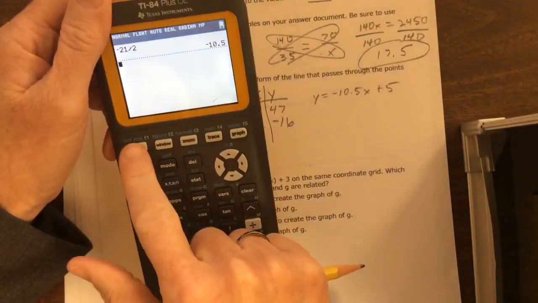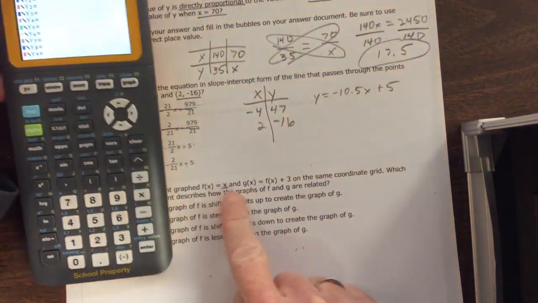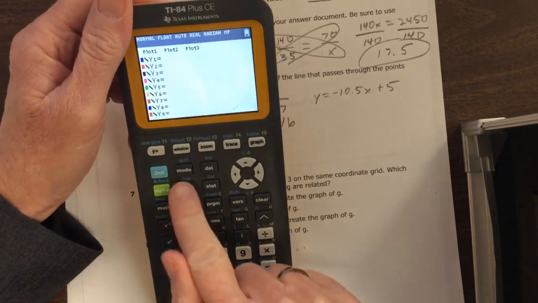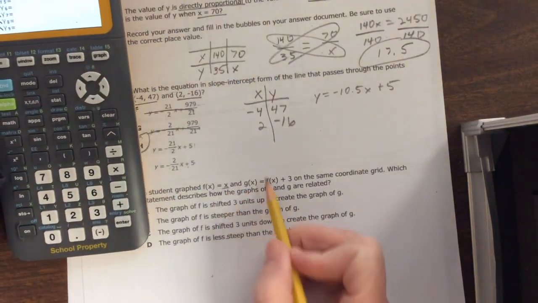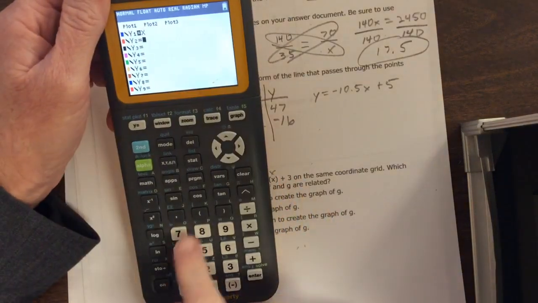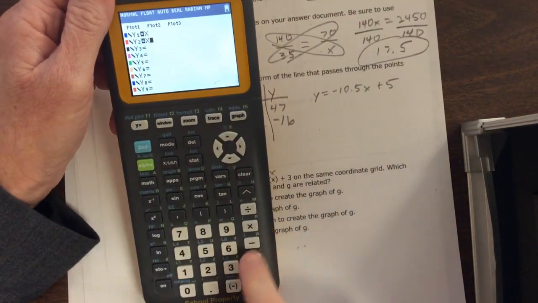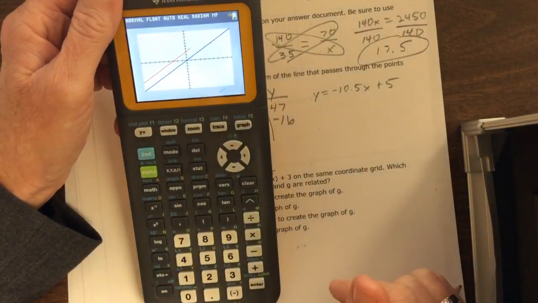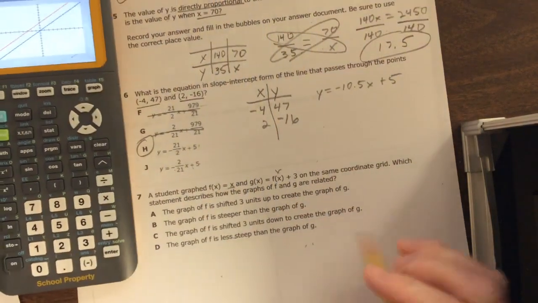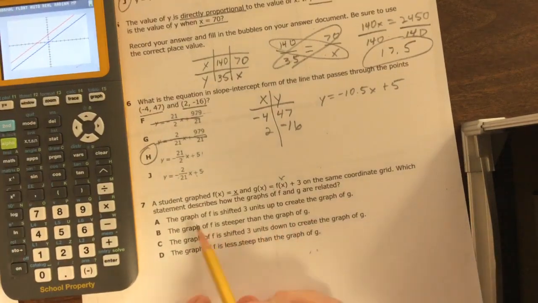And I'm going to do that now and see if that will work, because we know what it is. The first one is just x. The second one, f of x, is x plus 3. I'm going to just hit graph and see what this thing looks like. Okay, it looks like they're parallel. Let's see if anything says that.